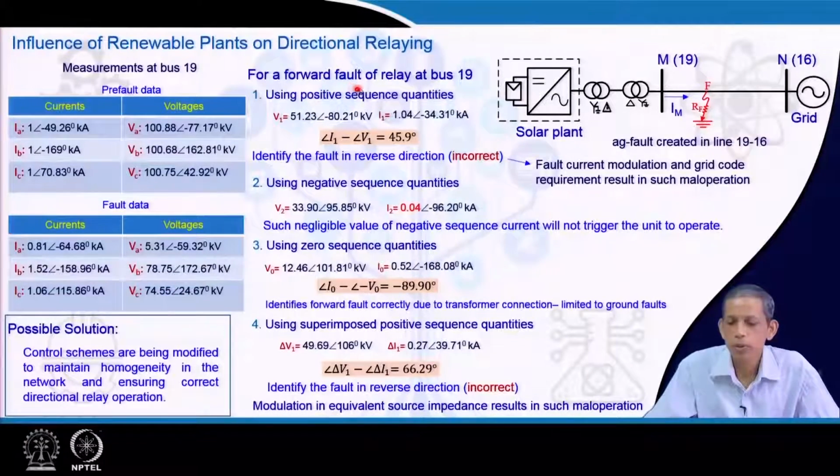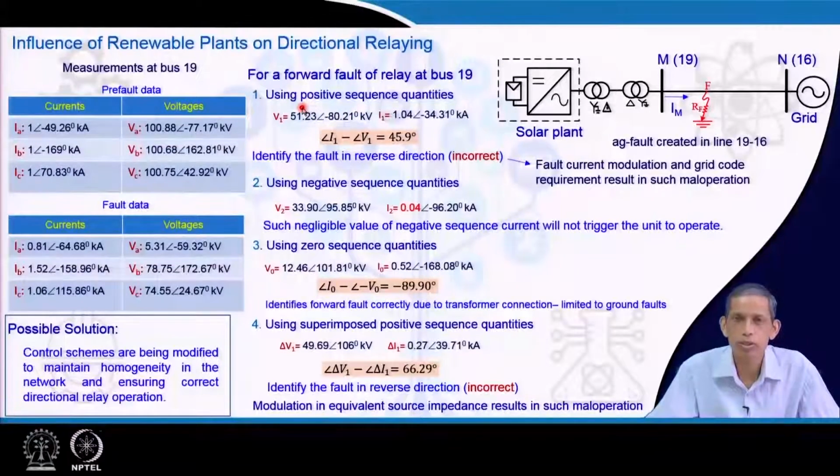Now, this is for the forward fault at bus number 19. You can apply the positive sequence quantities, negative sequence quantities and zero sequence quantities, and the superimposed approach. Using positive sequence quantities, we found V1 and I1 for the fault using the fault data, and the angle of I1 minus angle of V1 reveals the forward fault or reverse fault.